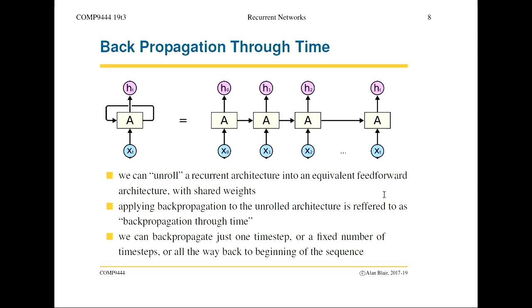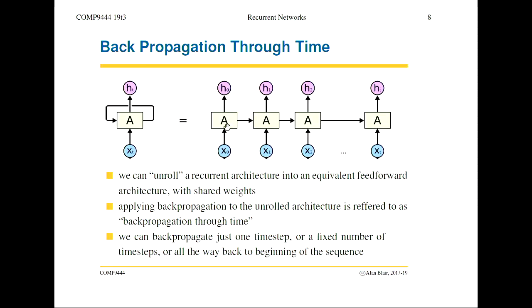Now, depending on the task, sometimes we backpropagate all the way to the beginning. Sometimes we only backpropagate one time step. So there are situations where we might only need to backpropagate one time step, and the network might still learn.